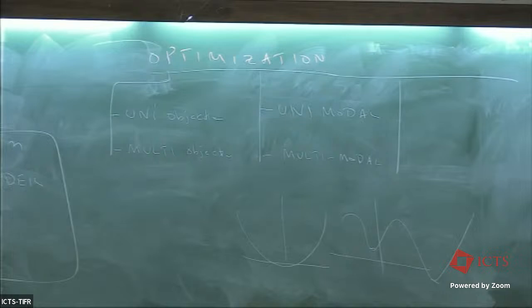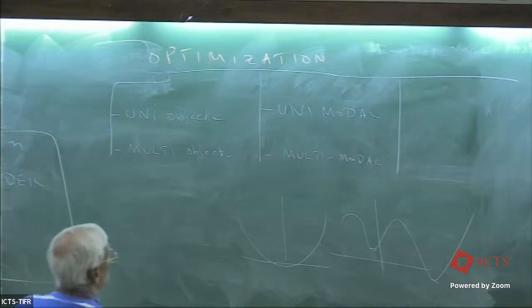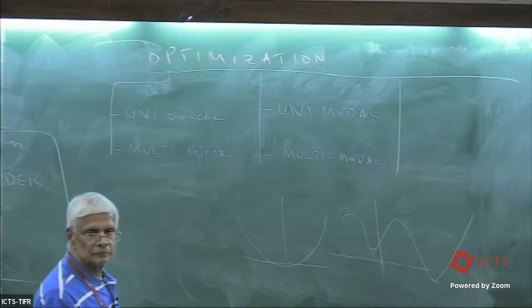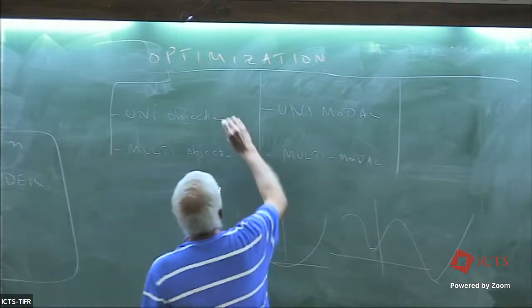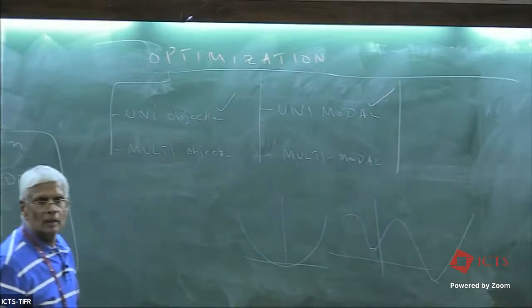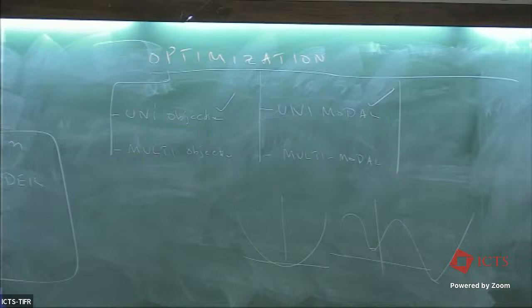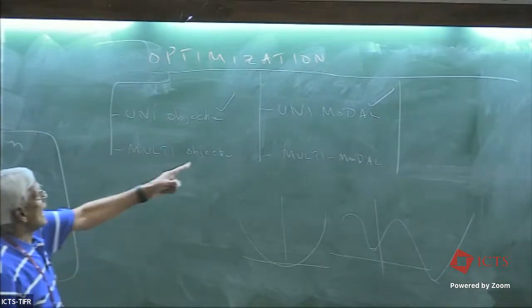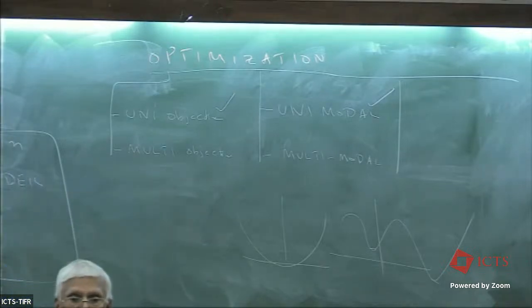Are you with me? So what is the only goal? Reduce the forecast error. You make your prediction more reliable. Unimodal, multimodal. So we are talking about uni-objective, unimodal. All of you? So how do you guarantee my problem has one mode?